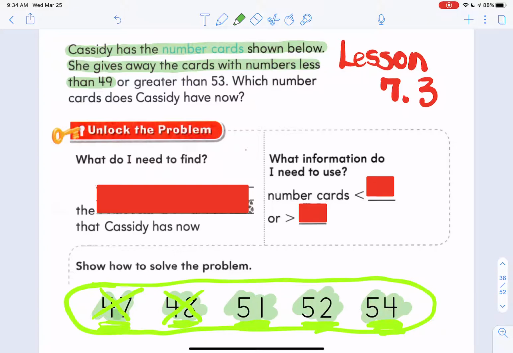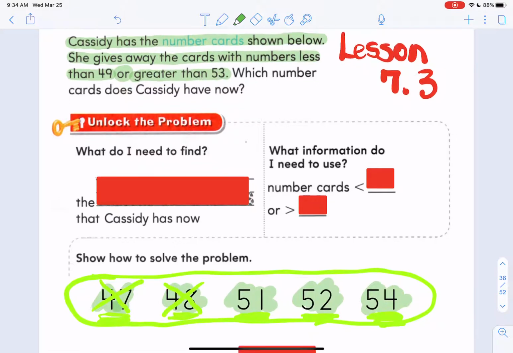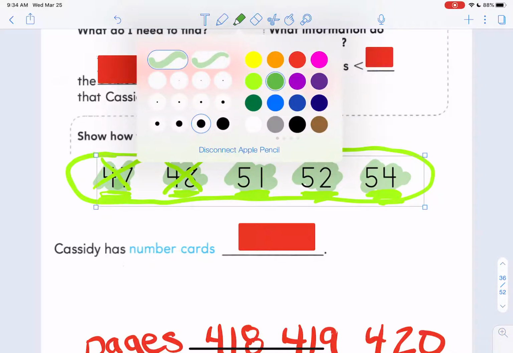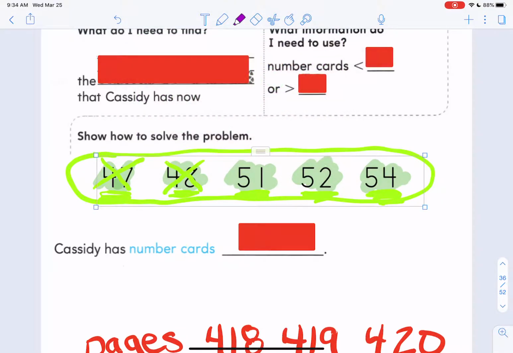So she gives away the cards with numbers less than 49, or she also gives away the cards that are greater than 53. So now let's go back down to the number cards. Which ones are greater than 53? I guess I can use a different color here.